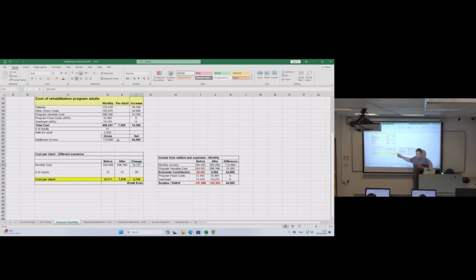Any rate above this figure, above the 3,736, will provide a positive economic contribution, so it will be desirable economically. Any rate below will be undesirable, will provide a negative economic contribution. So this is a break-even rate, or break-even cost. And this answers your question, John. How much will it cost me for an additional client?